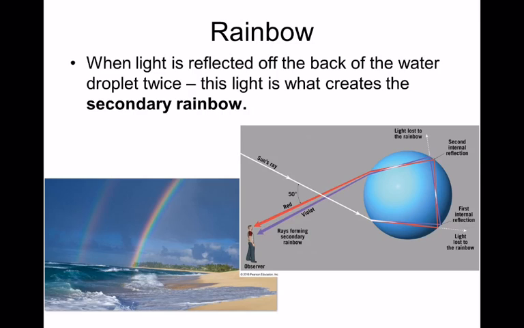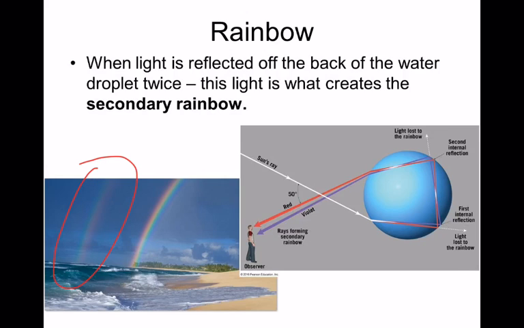Okay. So, what about a secondary rainbow? Well, here's a pretty picture of one. So you can see the secondary rainbow on the outside of the primary rainbow, and you can see where the reds match up, and it picks up, so the violets are on the outside there. Now, for that to happen, we need an extra internal reflection.